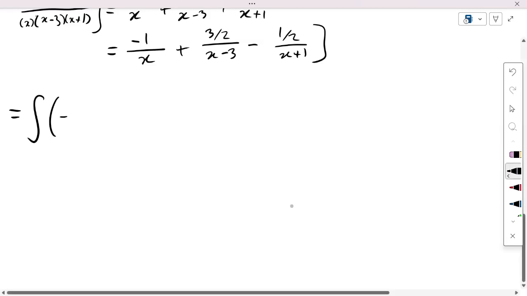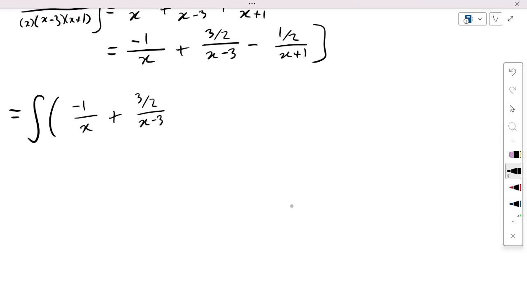So -1 over x, plus 3 divided by 2 over x minus 3, minus 1/2 over x plus 1, with respect to x.